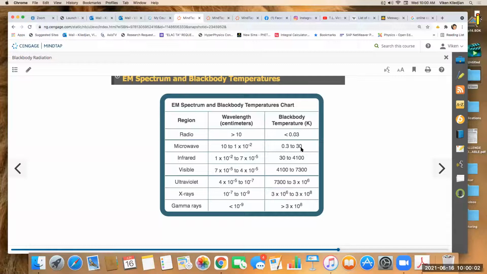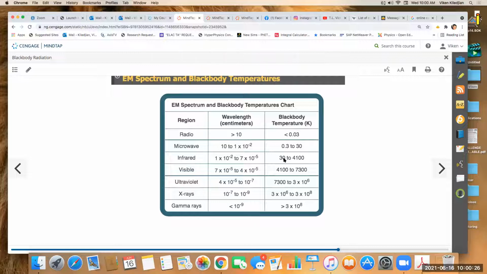Those will be very cold clouds of gas, which we call nebulae. They radiate microwave or radio waves, and that's why we create radio telescopes and microwave telescopes to observe very cold objects in the sky.